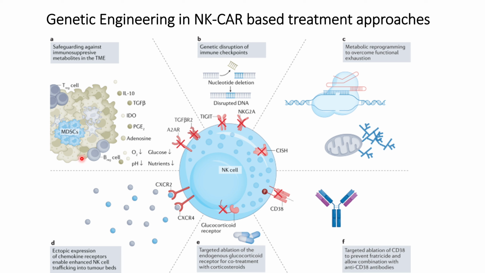In this case, it has been shown that in the tumor microenvironment, there is a continuous increase in immunosuppressive metabolites, and one of these metabolites could be adenosine. Another thing is that it can make the tumor microenvironment acidic. Tumors make the tumor microenvironment acidic by releasing lactic acid continuously, and this will reduce its pH.